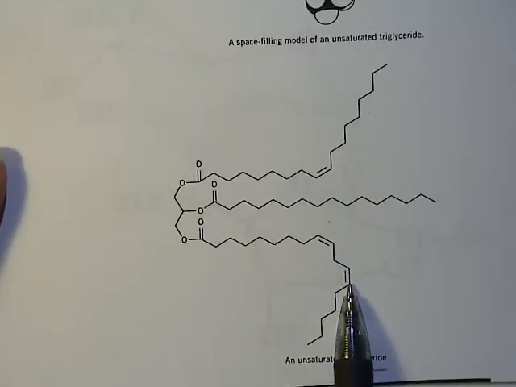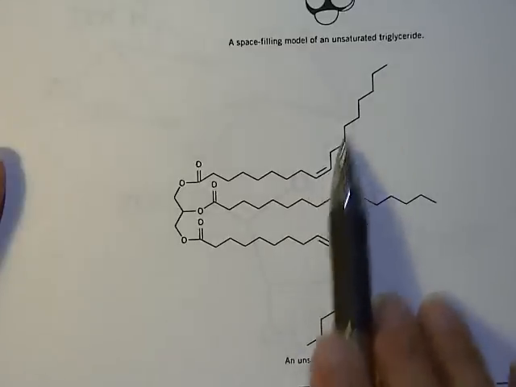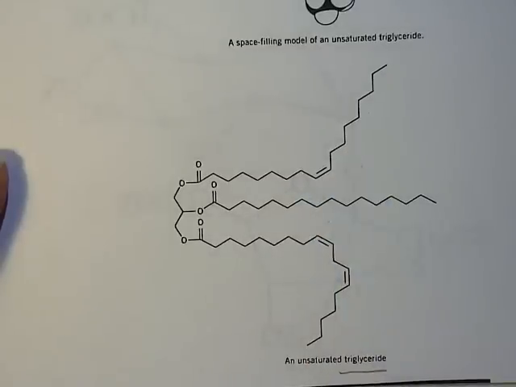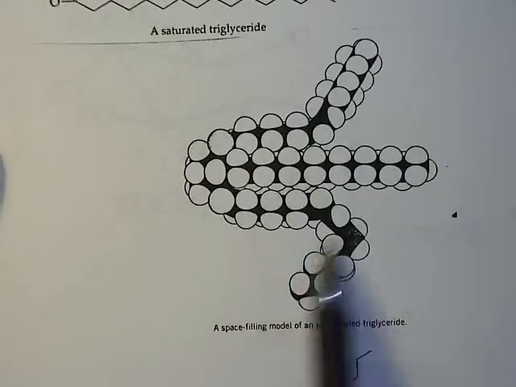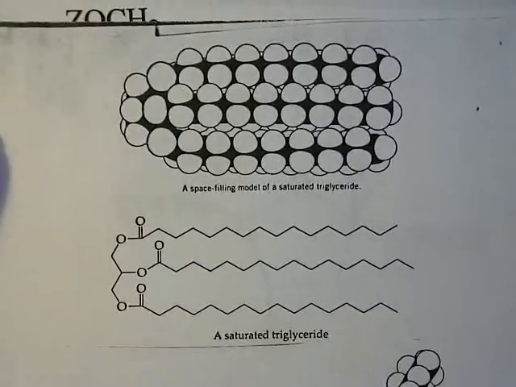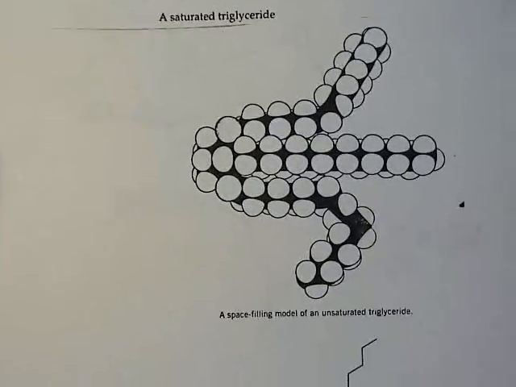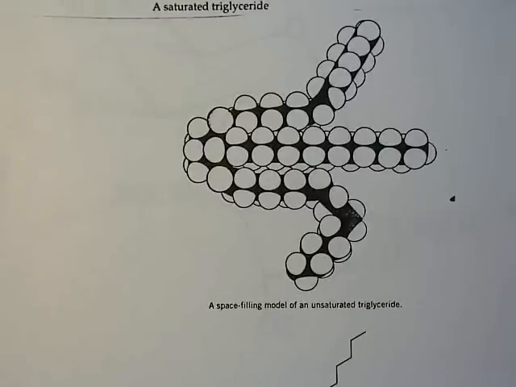They're all cis double bonds, and because of this kink in their chain, as you can see in the space filling model, it's very hard to stack them nicely compared to the saturated part, so therefore they exist as liquid at room temperature.